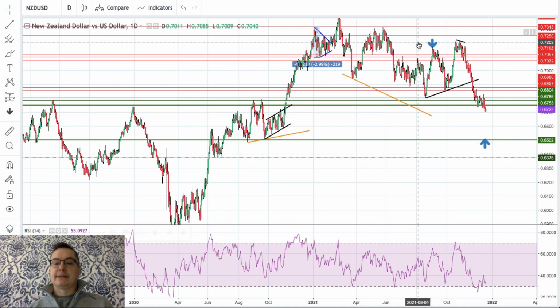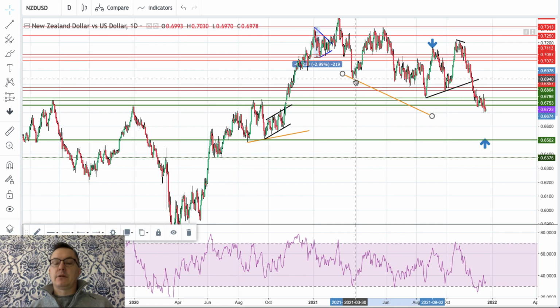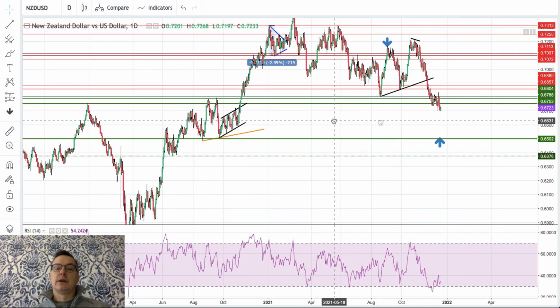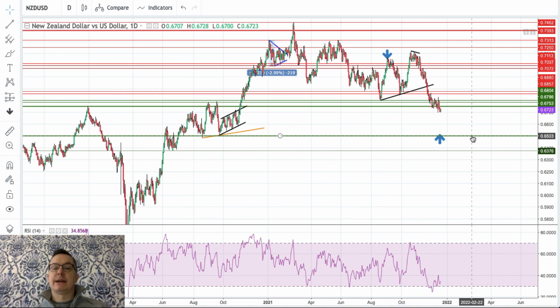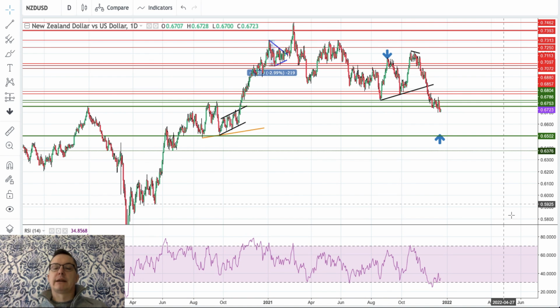Those lines are not applicable anymore, and this is the current outlook for this New Zealand dollar situation. So please keep an eye on lower levels on the New Zealand dollar, despite the extremely oversold market conditions.